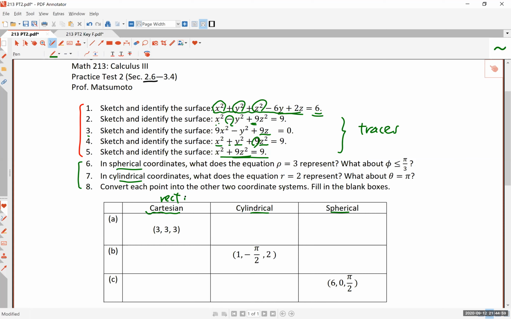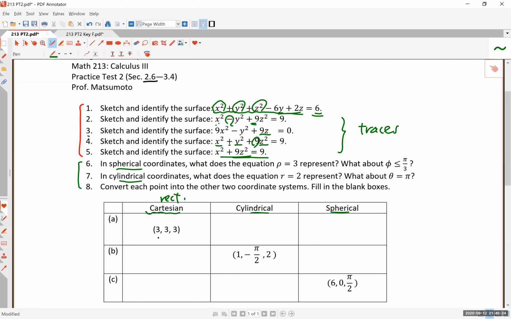And you can memorize the formulas. I have many formulas to go from cylindrical to Cartesian or Cartesian to spherical or vice versa. But what I really want you to do is understand what these variables mean, and be able to sketch so you can convert without being dependent on those formulas.